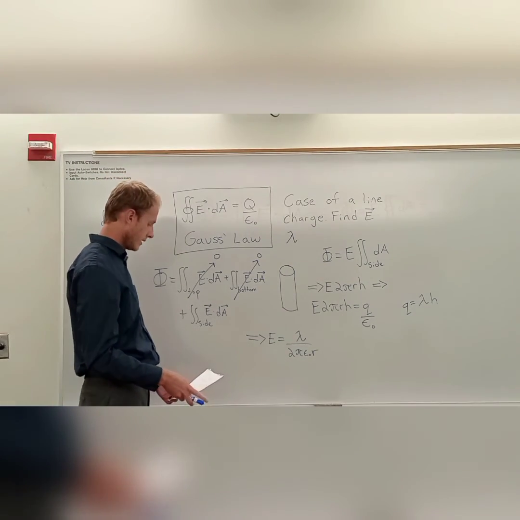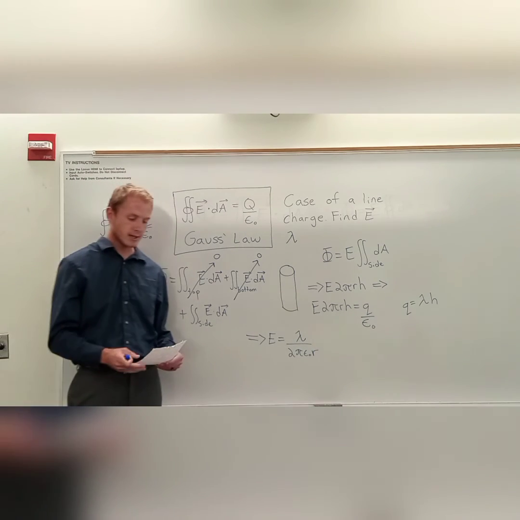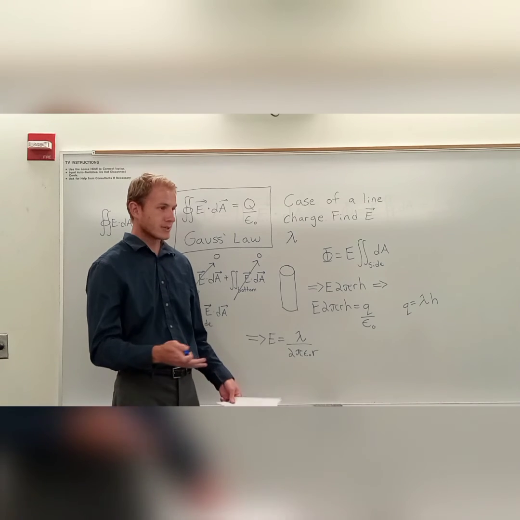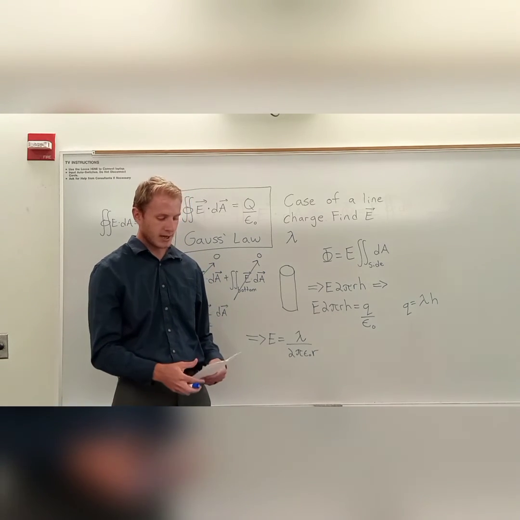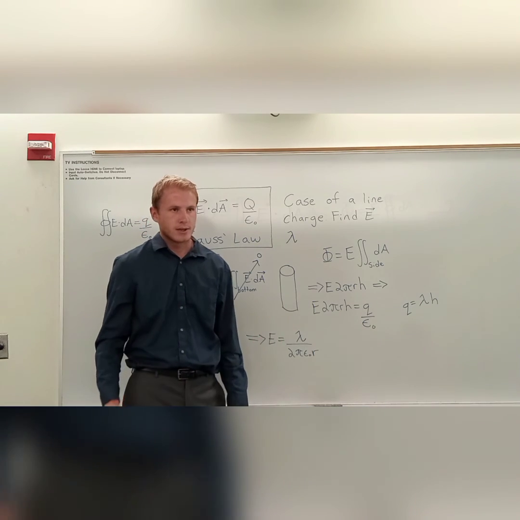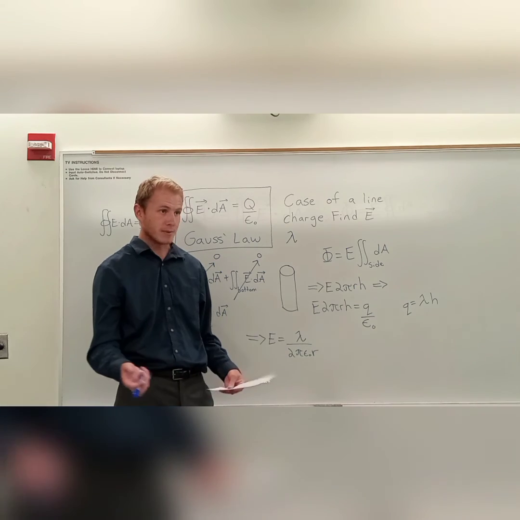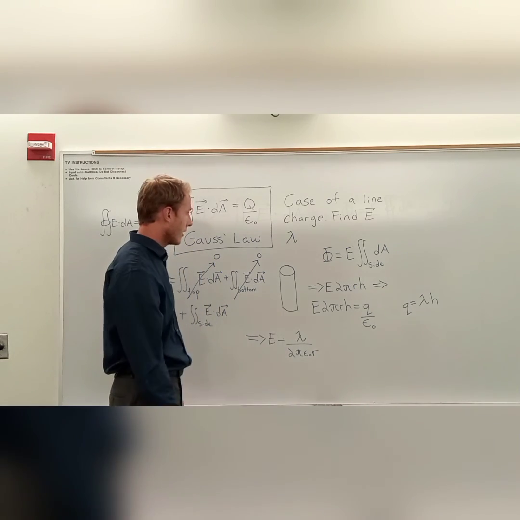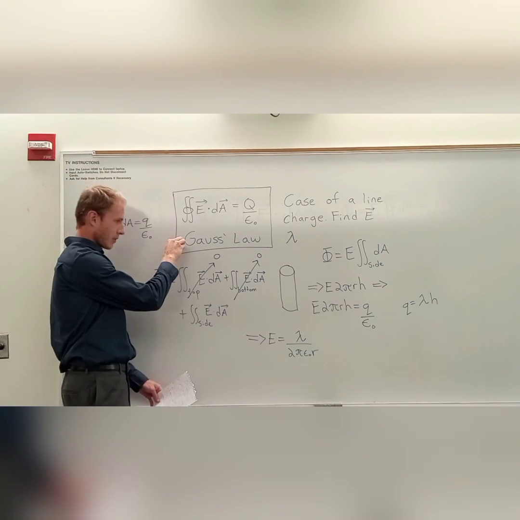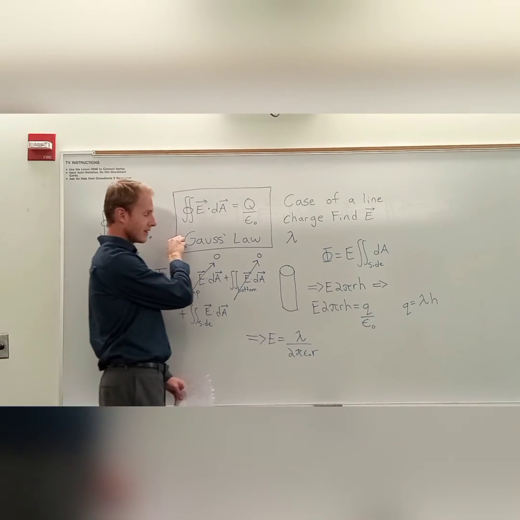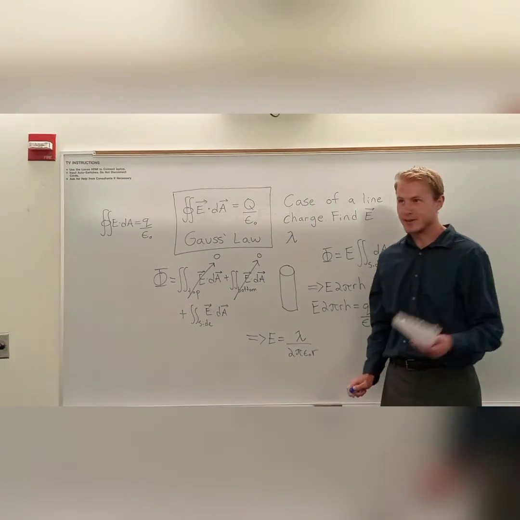And experiments testing the inverse squared dependence, which appears in Coulomb's law, and Gauss's law follows from Coulomb's law, have been tested by a bunch of people. It's been tested by Robinson, Coulomb himself, Maxwell, and others. So this is a very experimentally confirmed law, and that's why it's called a law instead of a theory.